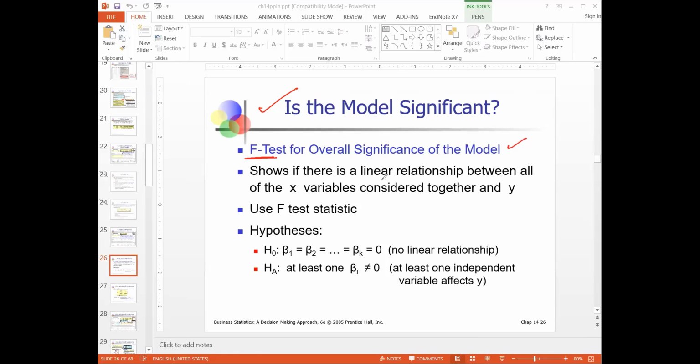This test shows whether there is a linear relationship between all of the x variables considered together and y. So it is saying that this test will confirm whether all the independent variables are linearly affecting y. Okay, so let me include it here.